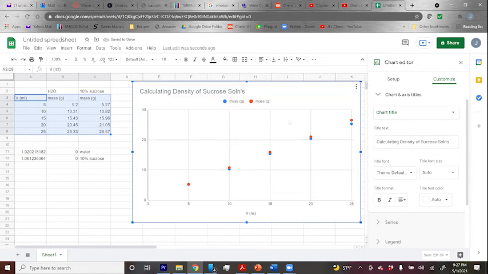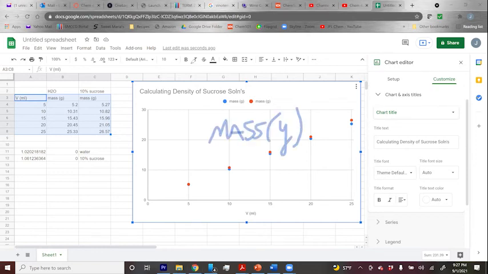So now to get the fit, the whole point of doing this was to get a line, because I want the slope of the line to tell me what the density is, because the slope of this line is going to be mass, which is y, over volume, which is x. And the slope of the line is y divided by x.